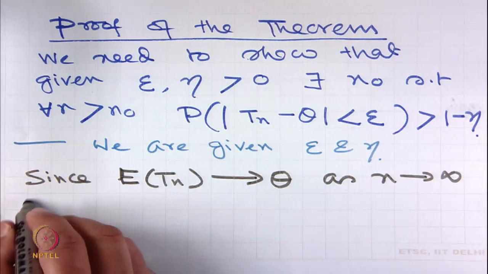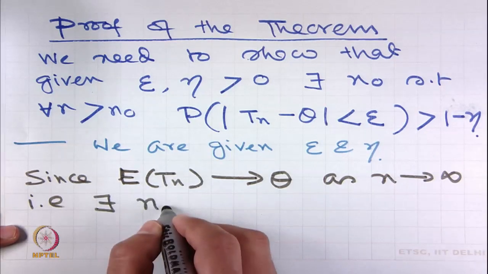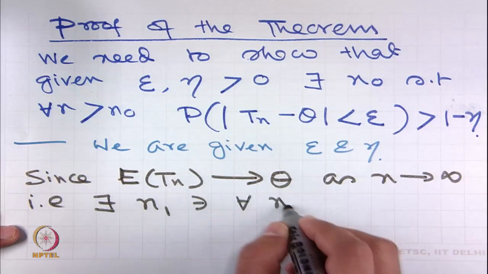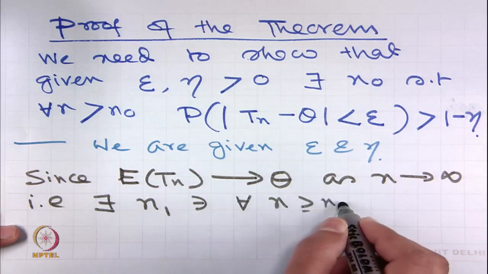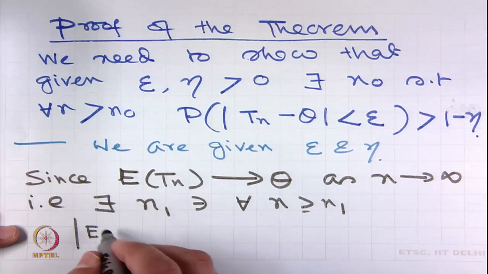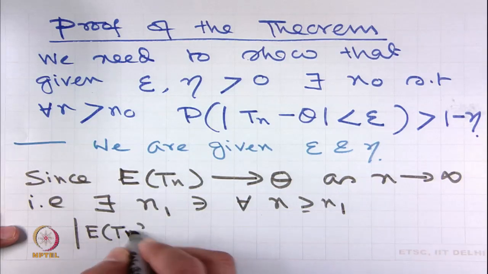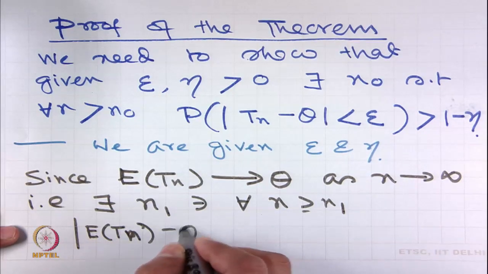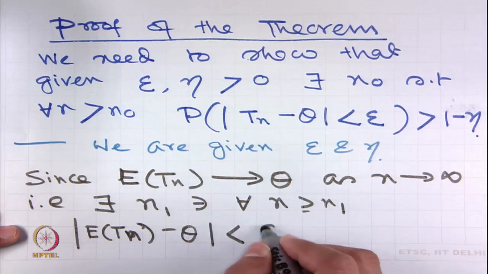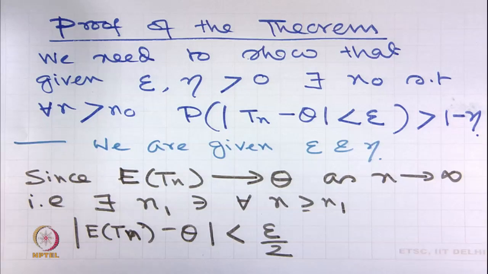That means, there exists n 1 such that for all n greater than or equal to n 1, modulus of expected value of T n minus theta less than epsilon by 2.